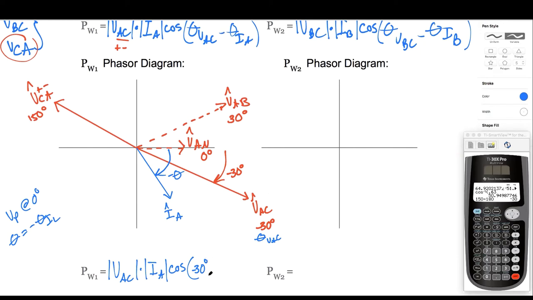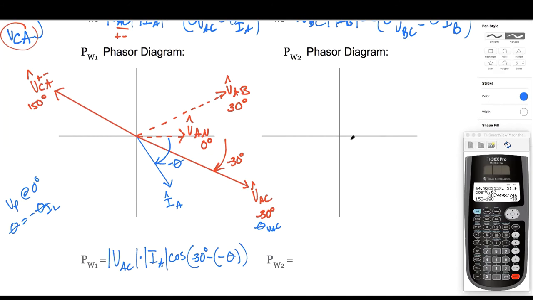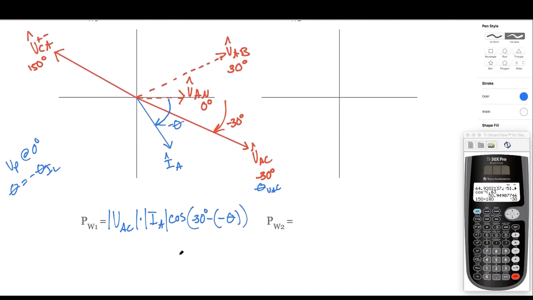Minus, so bring down that minus, theta IA. What is theta IA equal to? Yeah, negative theta. So I'm going to do parentheses minus theta. Does everyone see that? That's the trick. The other one's really easy. This is the only one that's a little tricky the first time you've done it.